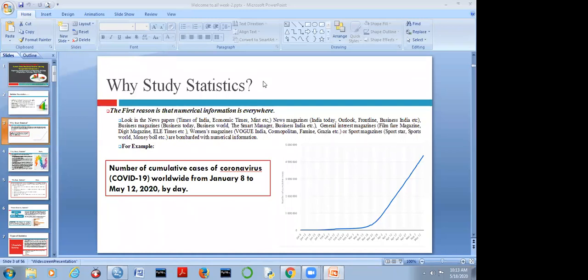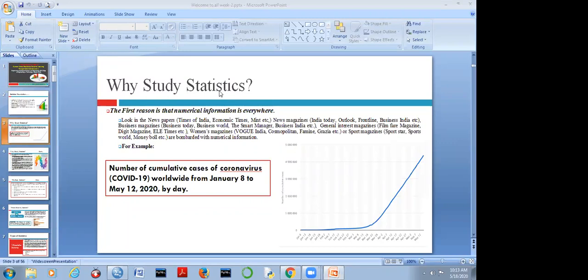In that case, you should be educated, you should have a knowledge of statistics. Then you can easily interpret the figures, the numerical information, the data. This is the first reason.